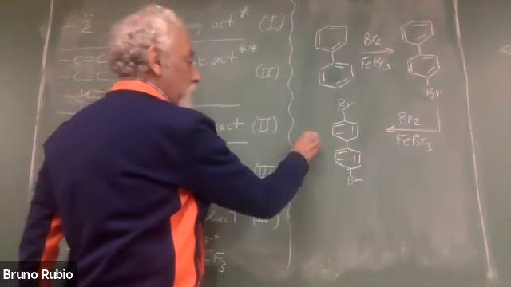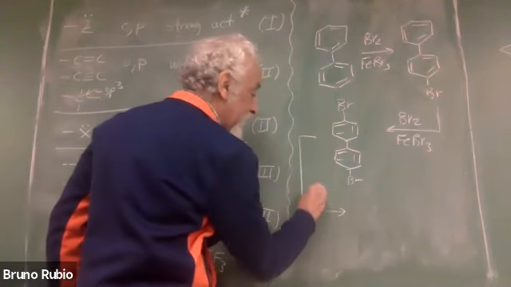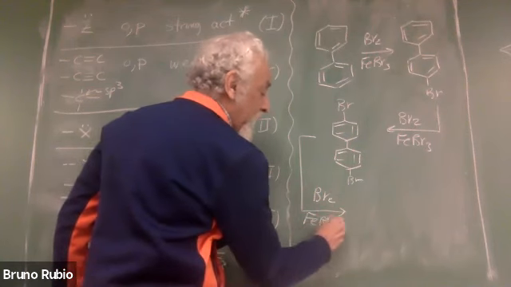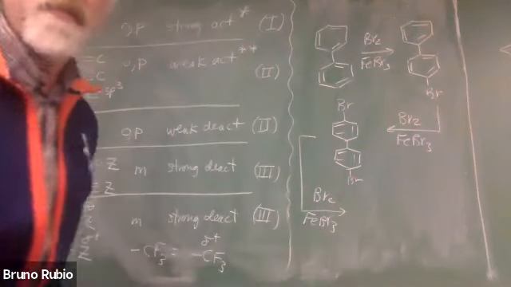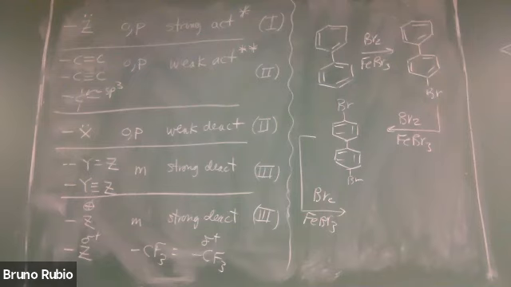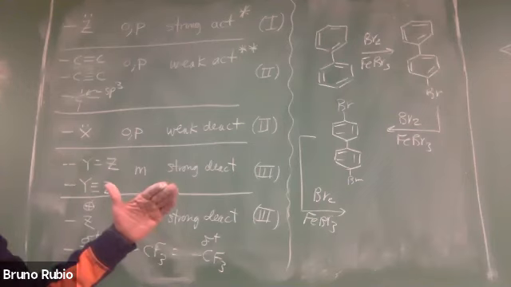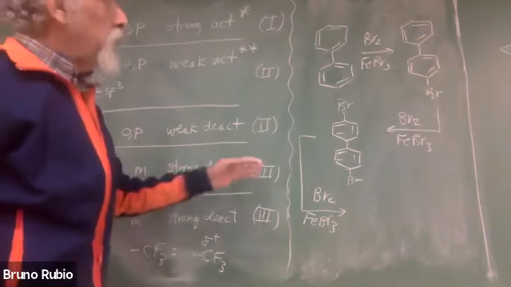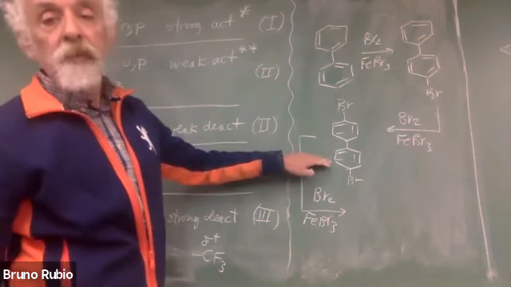Okay, now what if I were to take this and do it again? More Br2, more iron trichloride. Now what? Three equivalents. Once again, the molecule is symmetrical, so it doesn't matter if I brominate the ring on top or the ring on the bottom, they're equivalent by symmetry. So I'm going to give the new Br to the ring on the bottom.